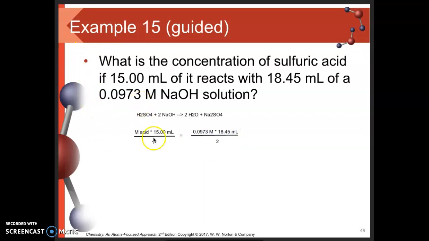And if I do that algebraically, I am going to need to get rid of the 15. So I'm going to multiply each side of the equation by 1 over 15 milliliters.